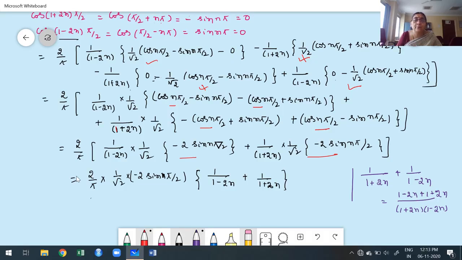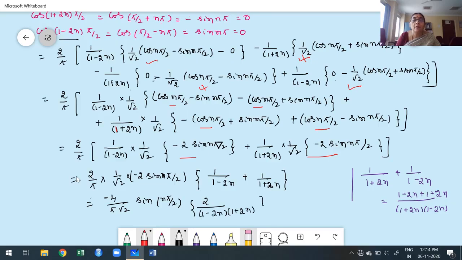Therefore, simplify that. What do we get? 2 times. Already 2 into 2, 4 by pi into root 2 sin of n pi by 2 of, this is nothing but 2 divided by, yeah, we have a minus sign. Plus into minus is minus, 2 into 2, 4 minus, over 1 minus 2n into 1 plus 2n.